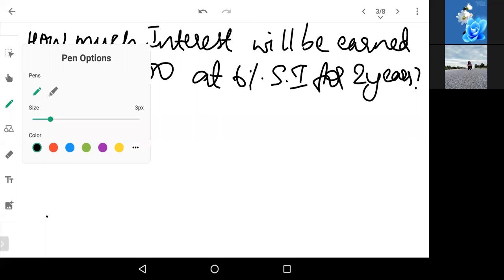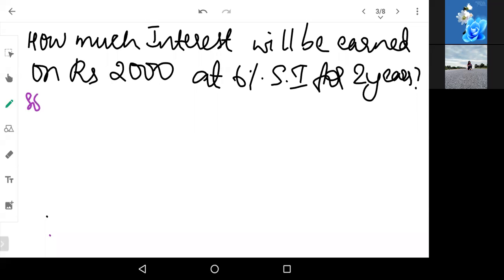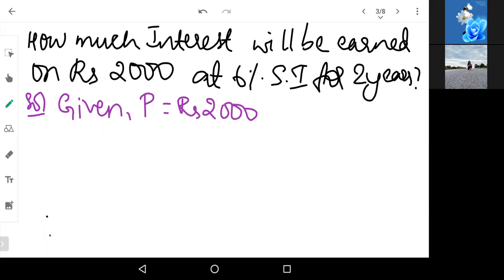Let us do it. Solution. Always write what is given in the question. So given, principal is rupees 2,000. T, time is 2 years. R, rate is 6%.